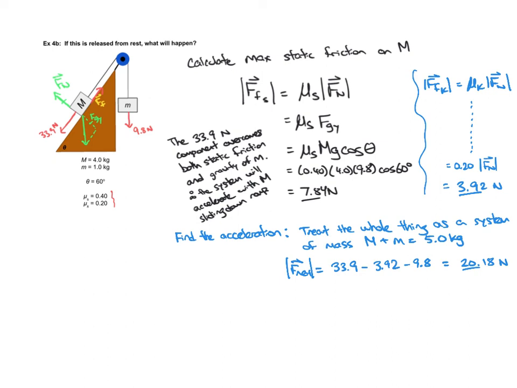And now Newton's second law will help us get the acceleration. It'll be net force divided by the total mass of the system. So 20.18 divided by 5.0. Well, 4.0 when I rounded to two significant figures.